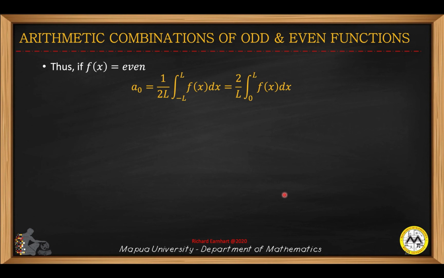For example, if f of x is even, you can write a sub o as 2 over L times the integral from 0 to L of f of x dx.